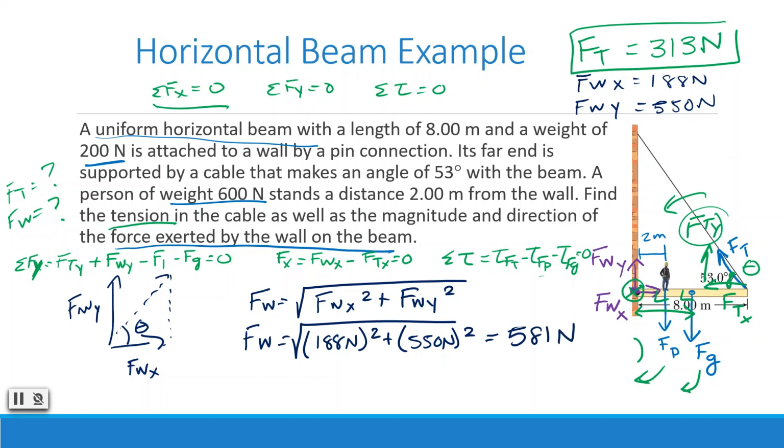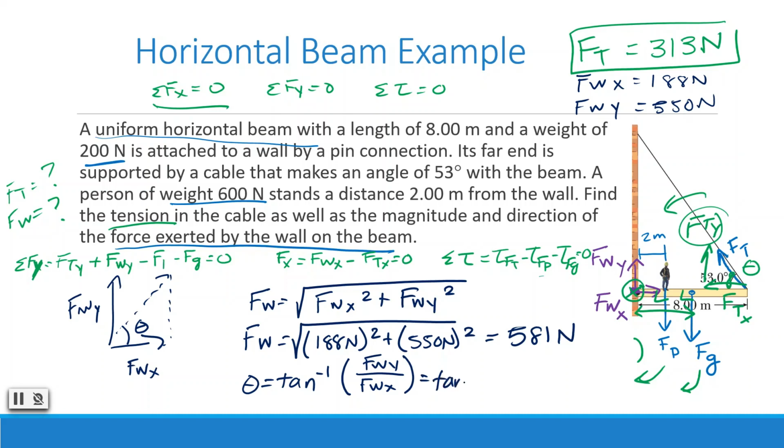And then if I want to find the direction, that direction theta, I would use theta is tan to the minus 1. The opposite side is going to be Fwy. The adjacent side is going to be Fwx.